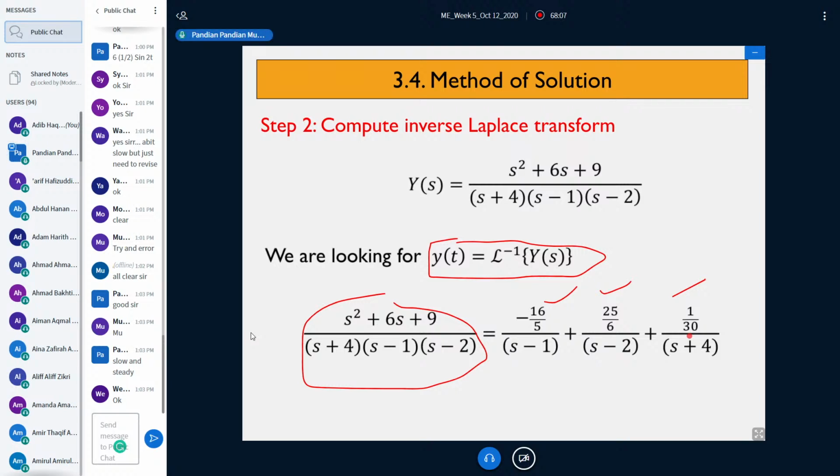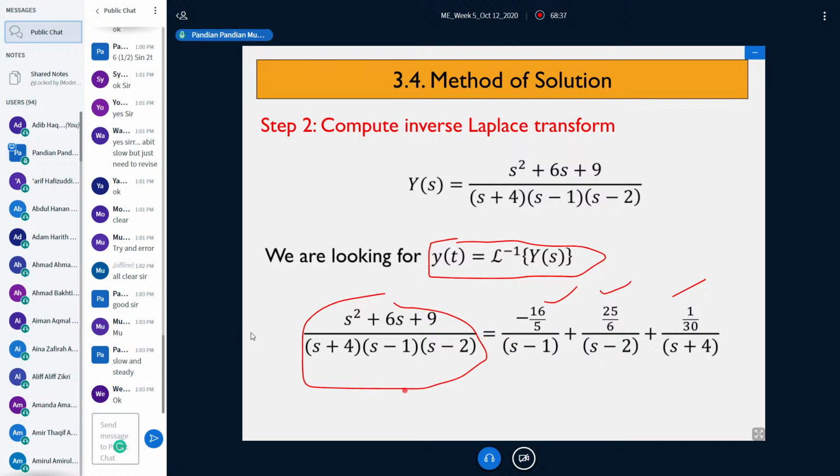And then you do the factorization. Denominator: s minus 1, s minus 2, s plus 4. So you have A(s minus 2)(s plus 4), plus B(s minus 1)(s plus 4), plus C(s minus 1)(s plus 2). It is up to you how you do. That's why they didn't show you.